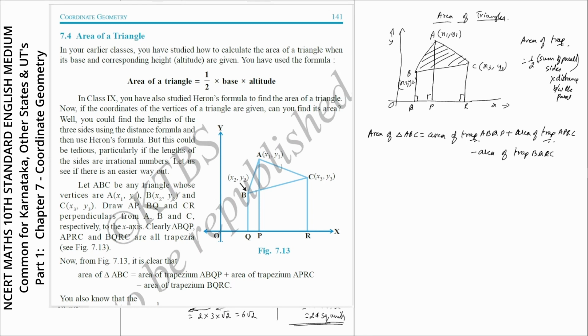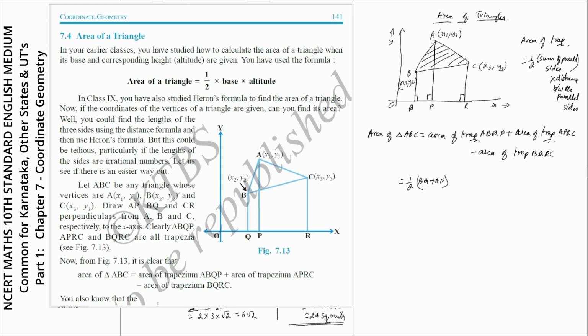Okay. So here now what is the area of trapezium ABQP? So this is equal to half sum of parallel side. Parallel side is BQ plus AP.